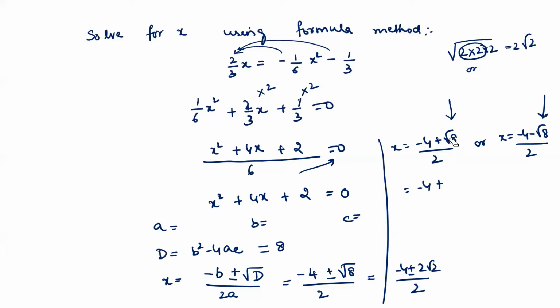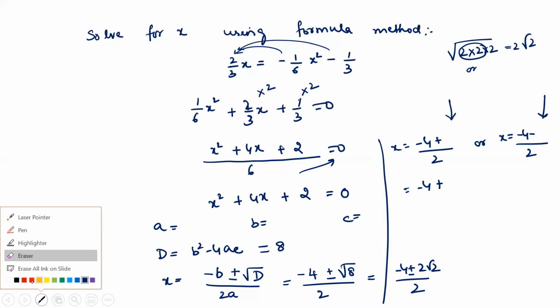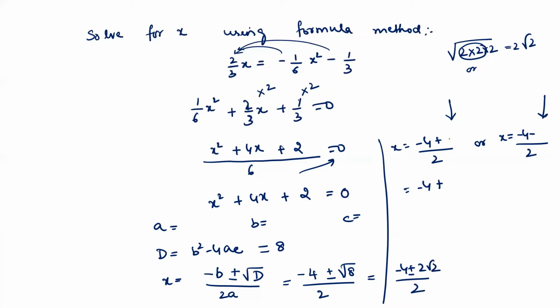And then we can come to this step, right, Prerna? Yeah, ma'am. But actually I was saying that we can share the denominator, or we can take out even common factors, right? What is the common factor between these two terms, Prerna? Ma'am, 2.